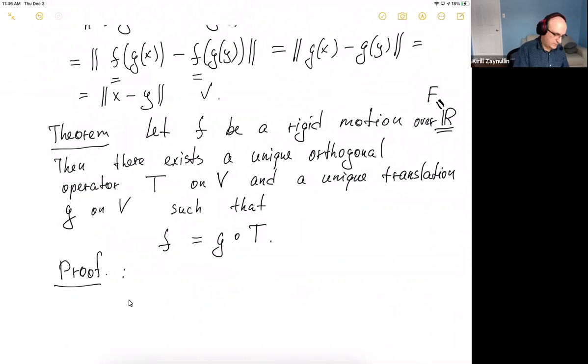First of all, we are given F, an arbitrary rigid motion. And so what do we do first?